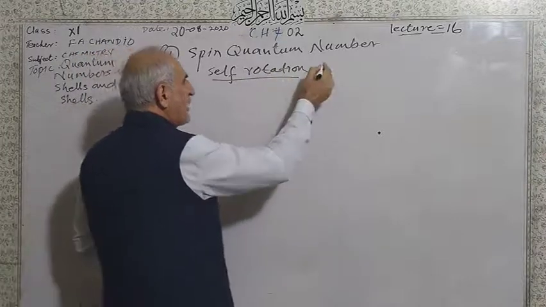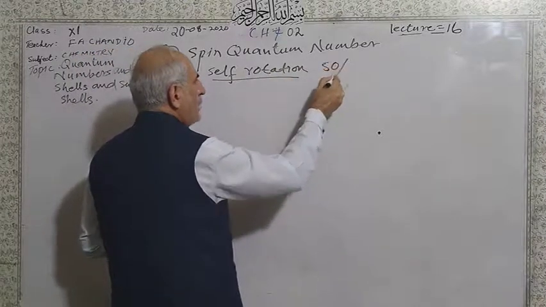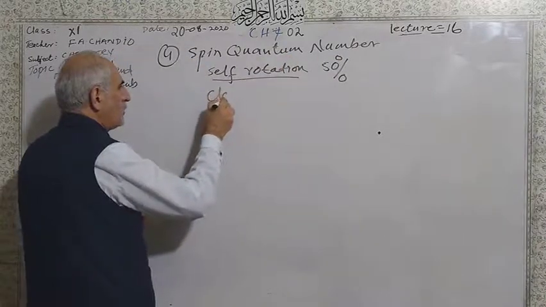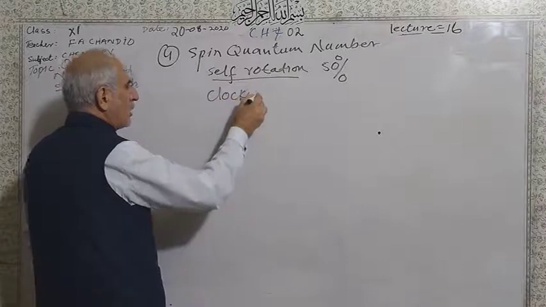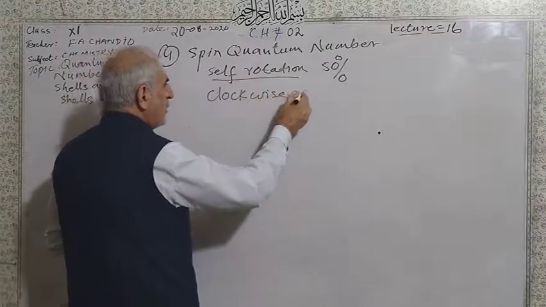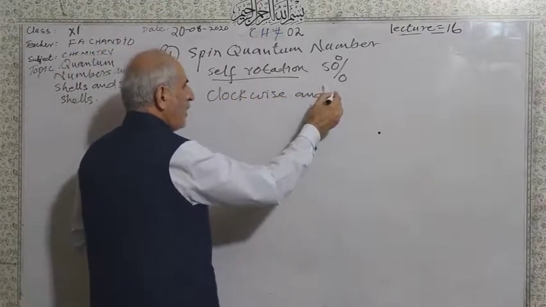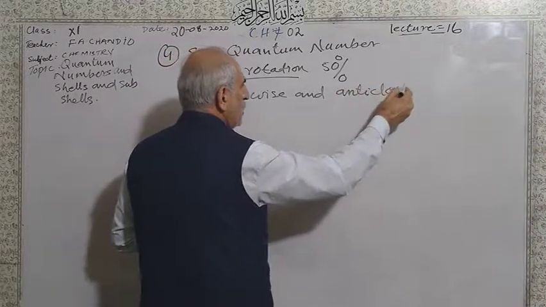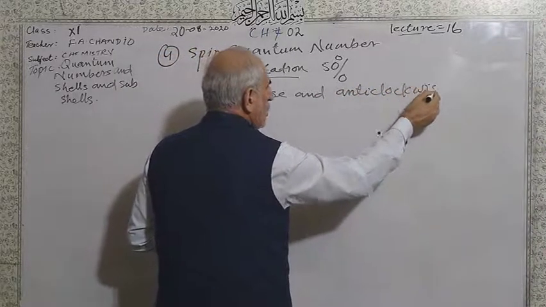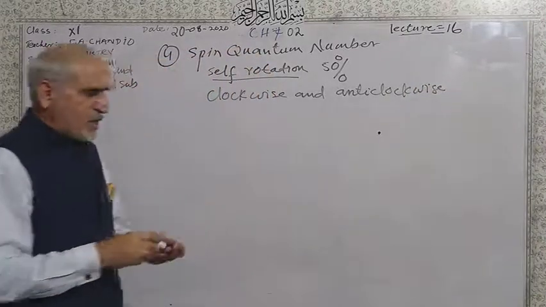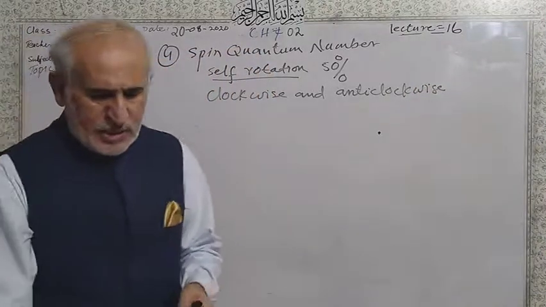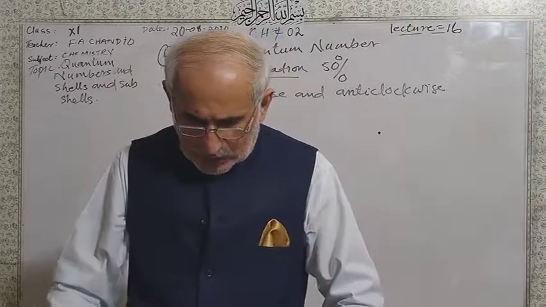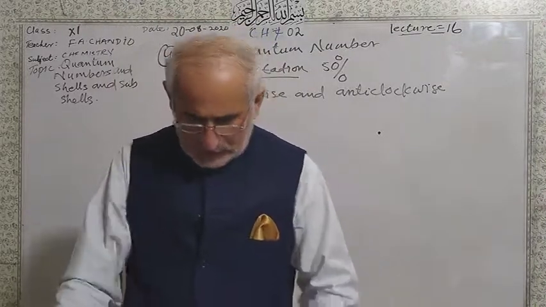So there is a 50% chance of clockwise and 50% chance of anti-clockwise rotation of the electron about its own axis. So we call them clockwise and anti-clockwise.